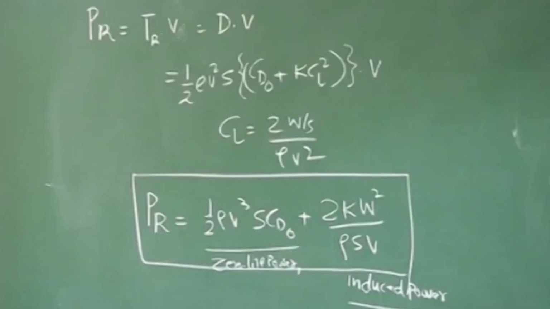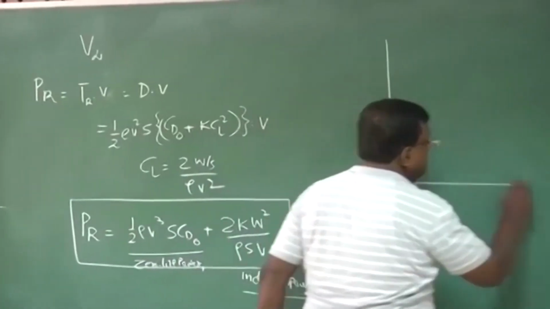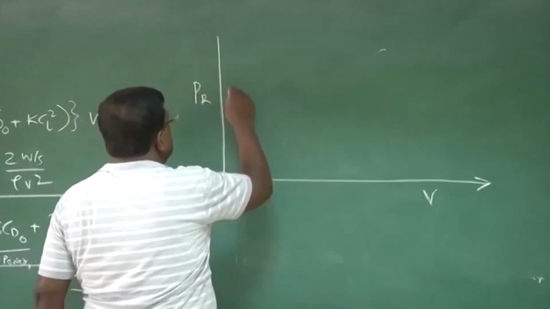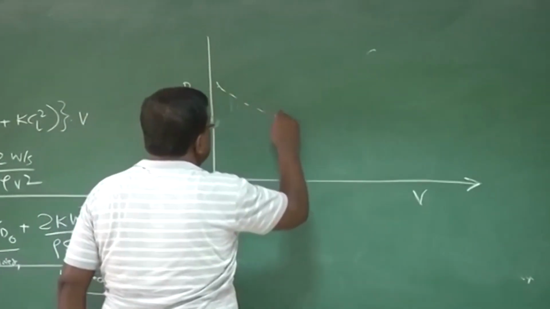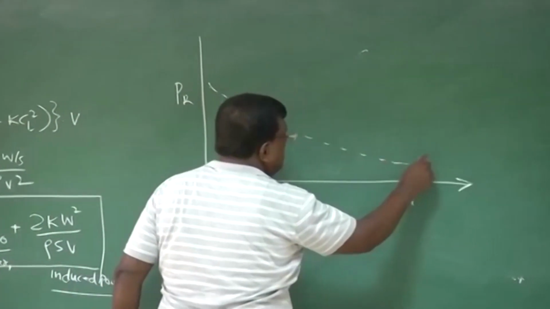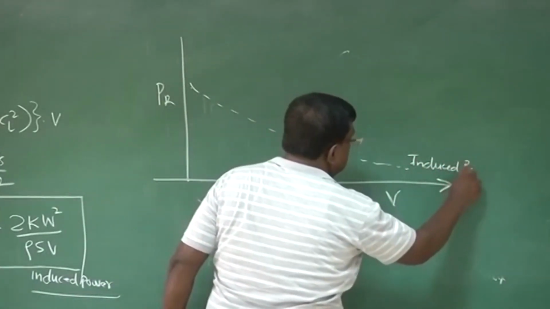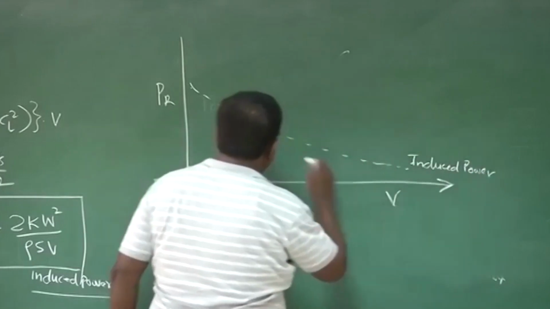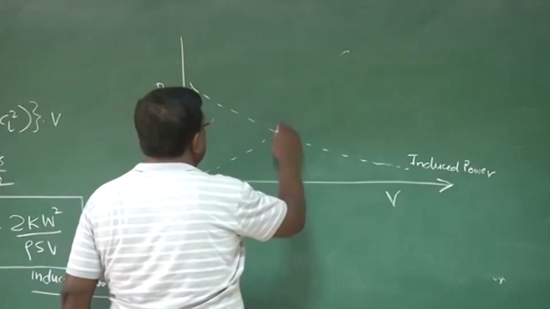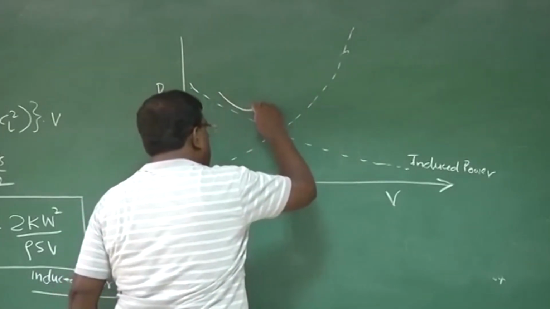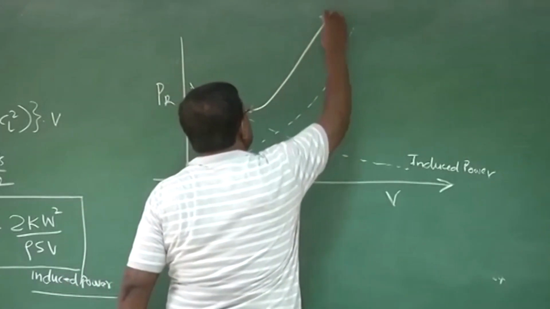So if I now plot this, this is the induced power, and this is the zero lift power, and you'll find that net power will be something like this.